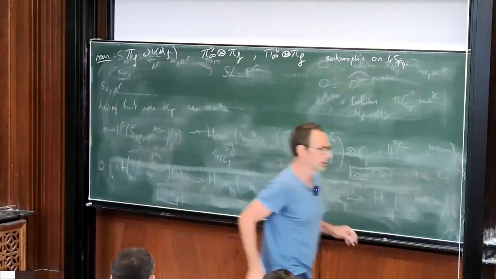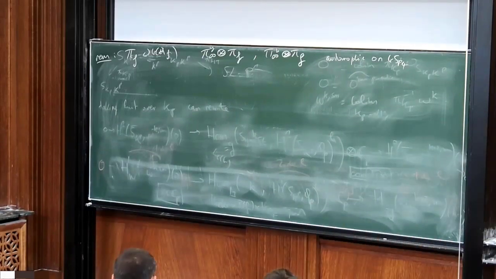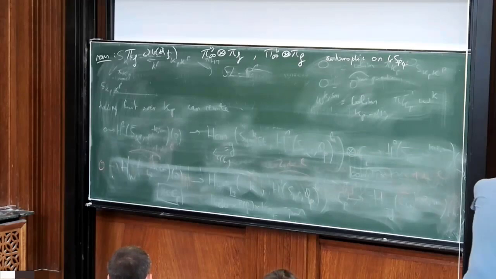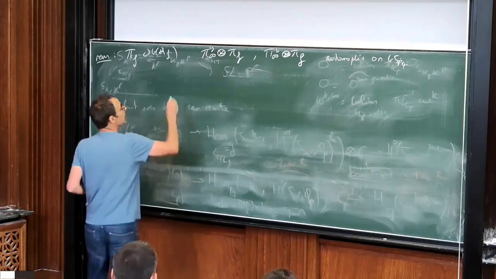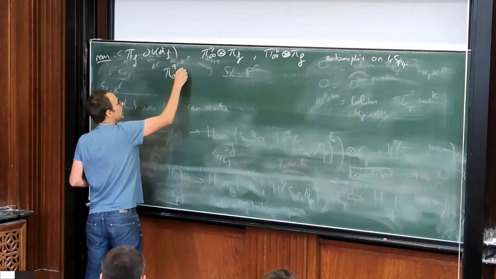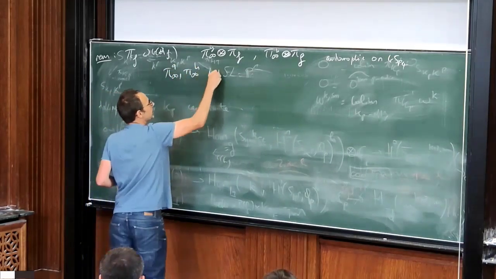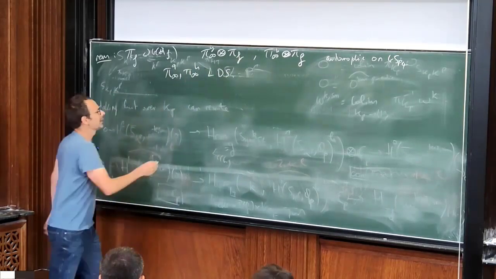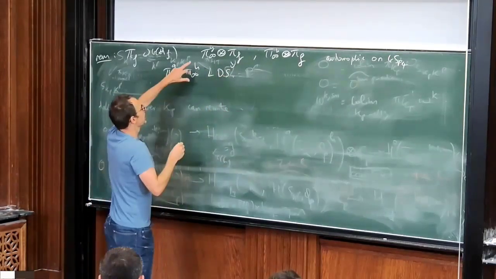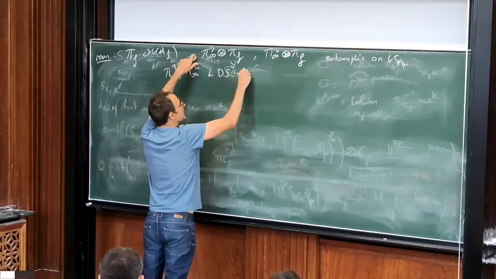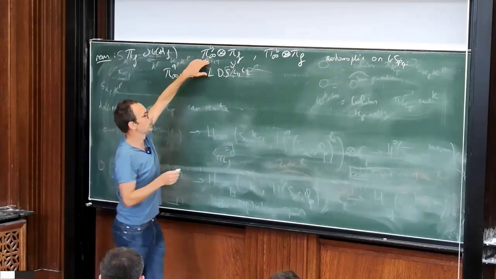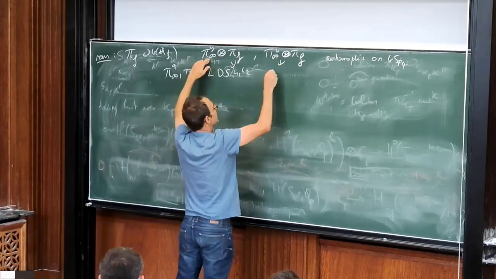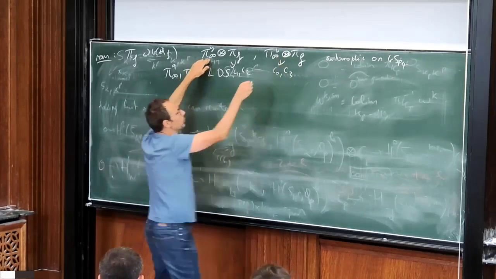Pi_infinity^G and pi_infinity^H are limits of discrete series. And maybe the classes c1 and c2 correspond to this automorphic form, and the classes c0 and c3 correspond to this automorphic form.